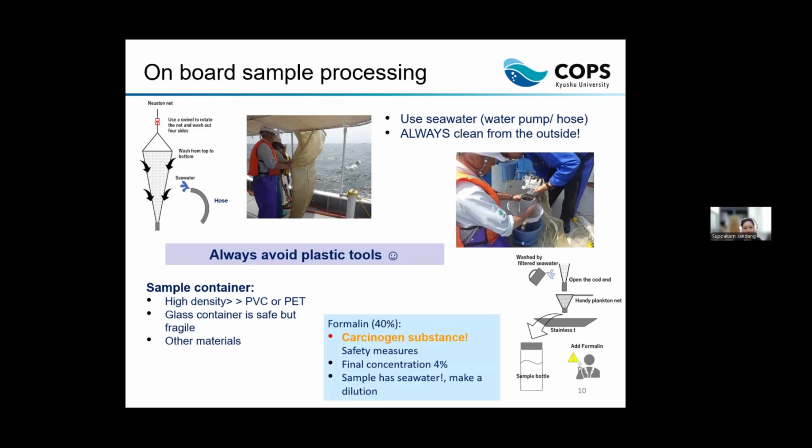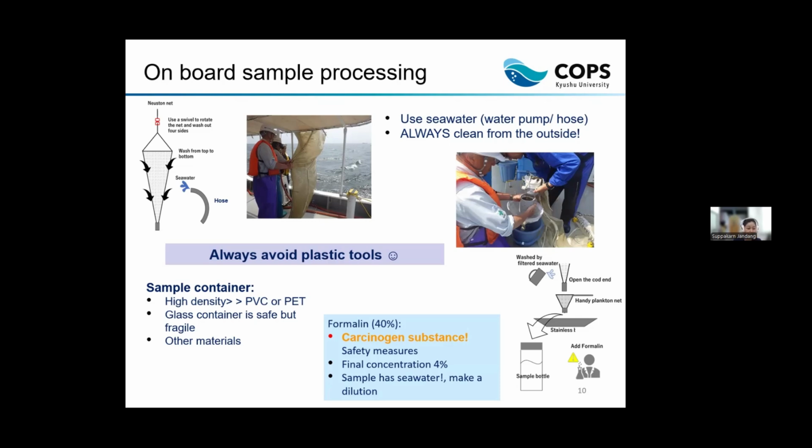But in terms of water samples, you can choose another polymer type of plastic, for example, high density such as PVC or PET. The reason is that the floating microplastic is supposed to be of lighter density, so it's quite difficult to contaminate with the high density.